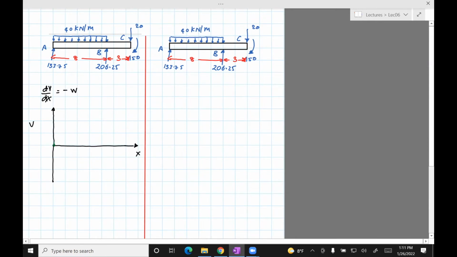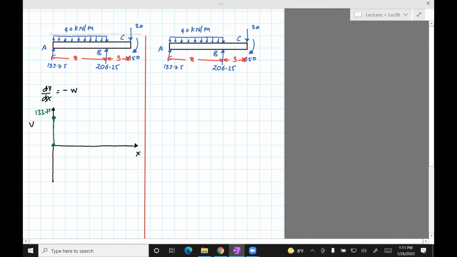So it starts up at 0, but there's a load acting upwards. So I just go up 133.75.